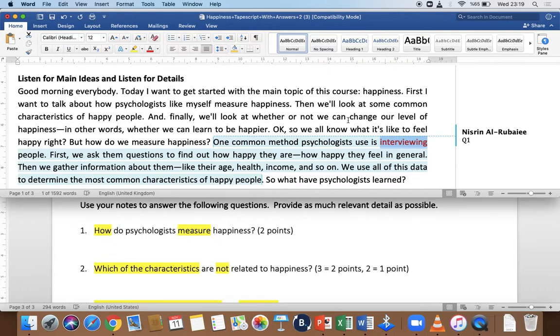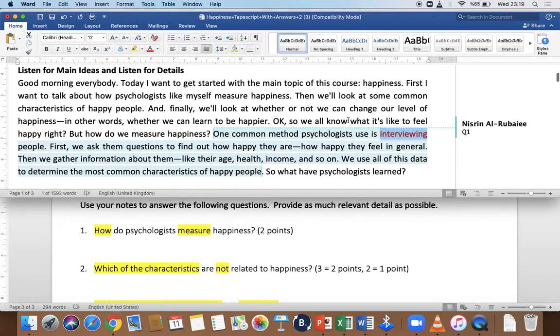So just interviewing is the correct answer here. By interviewing, if you explain, they ask questions about their age, how happy they feel, their health, income. Okay, this is the explanation actually. But the way to measure happiness is interviewing.